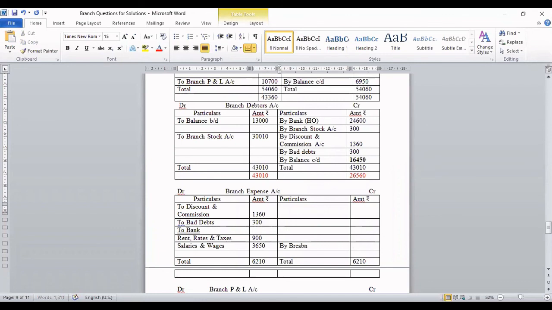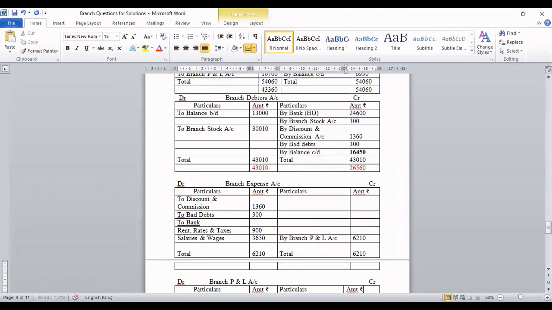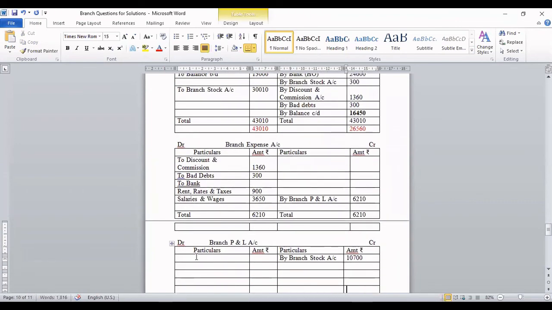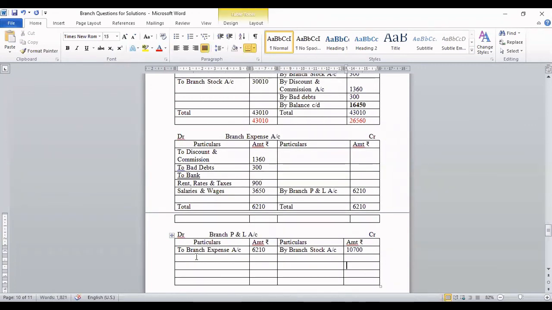Branch PNL account. Amount 6210. Immediately transfer the balance here to branch PNL on the debit side, to branch expense account. And close this account. You will get the final profit or loss.